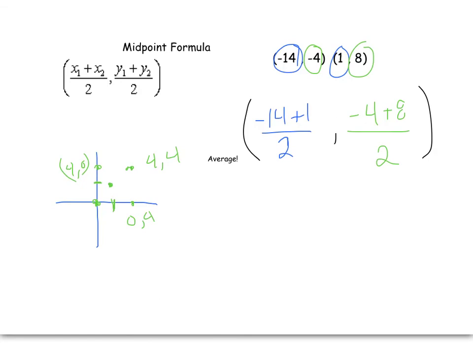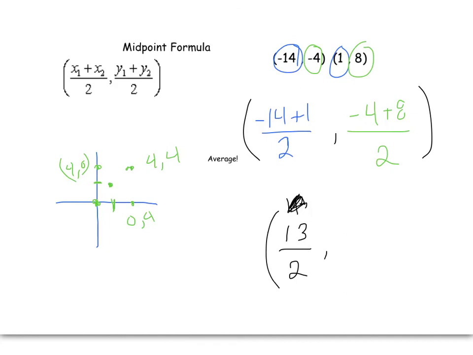So, negative 14 plus 1 is negative 13. Whoa, that was a little messy. Okay, well that doesn't want to go away. So negative 13 halves is my x there.